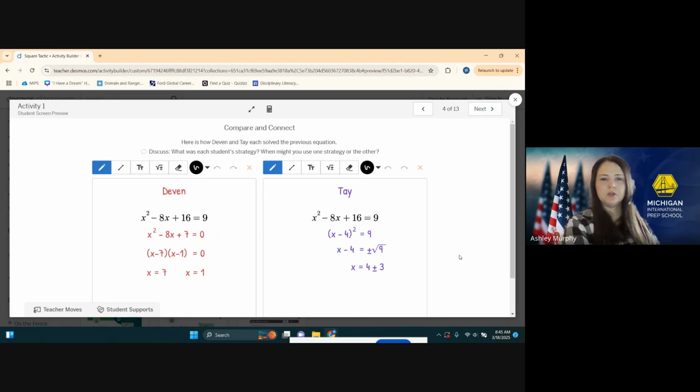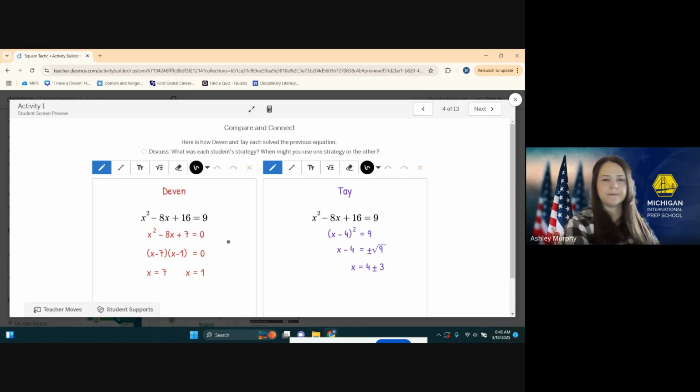We have 2 methodologies here. K did the exact same method that we did on the last page, so factored and then took the square root of both sides.